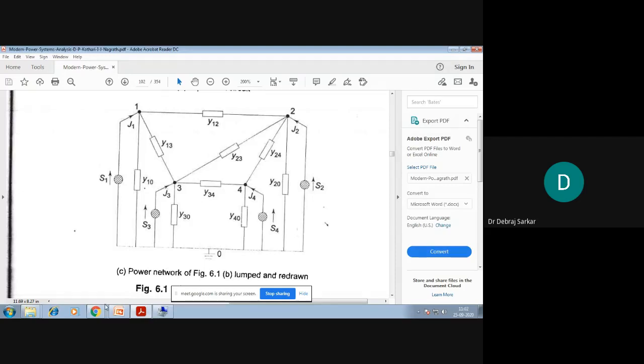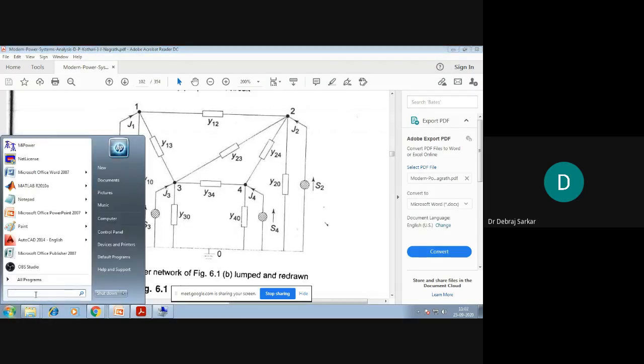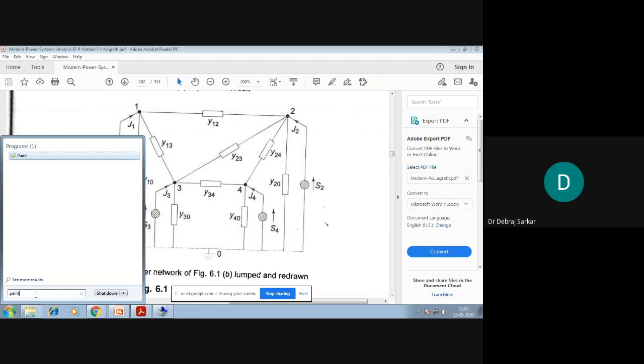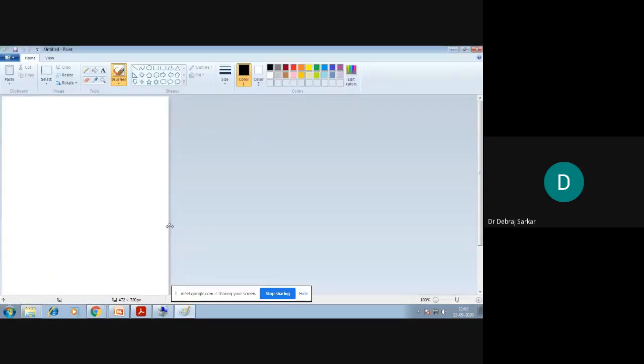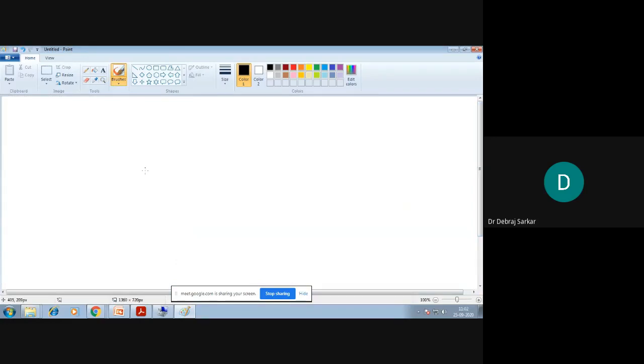That might take a bit of time. What I'll do is I'll try to draw the circuit for you.